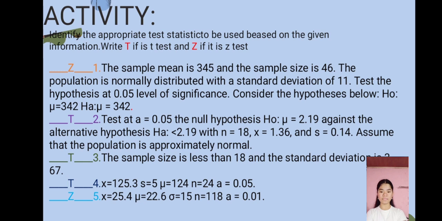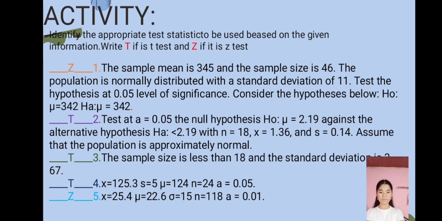What will be the answer? Given the sample mean and the sample size, which is 46 and greater than 30, with the standard deviation given, therefore z-test. For number 2, the sample size is 18 and the sample standard deviation is given, so this is t-test. For number 3, the sample size is 18 and the deviation is 3.67.